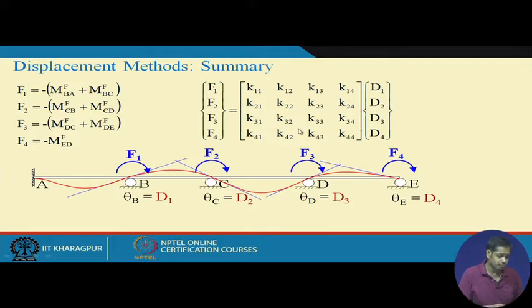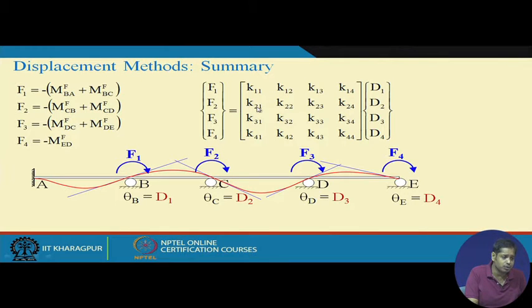K11 is essentially the relation between F1 and D1, and similarly K12 gives you how F1 and D2 are related, and K13 gives how F1 and D3 are related, and so on. Another important thing about this stiffness matrix is that it is symmetric. Symmetric means the off-diagonal terms are the same.